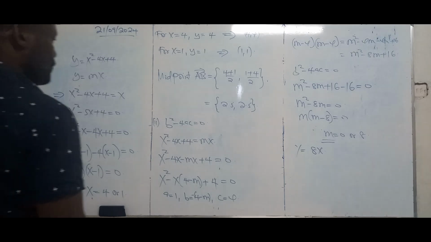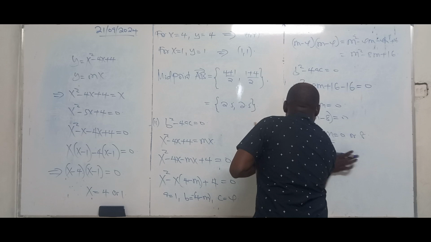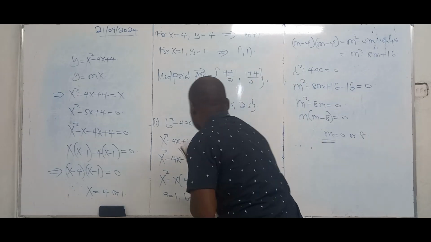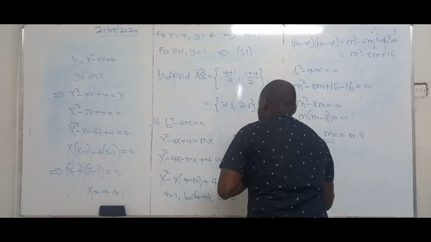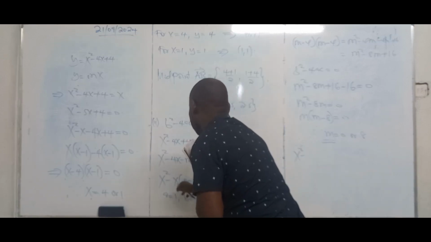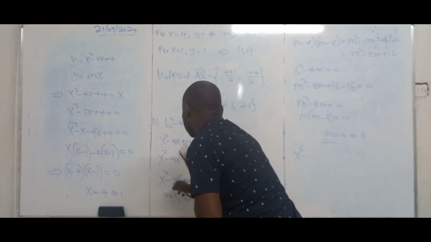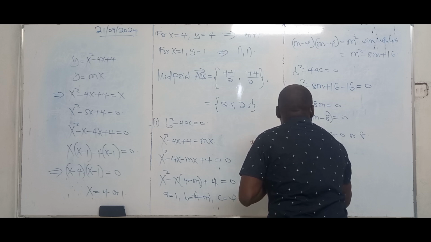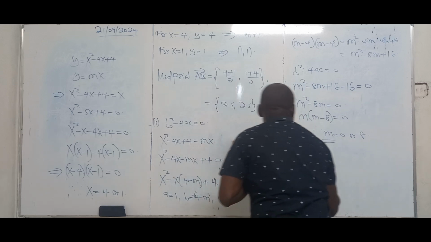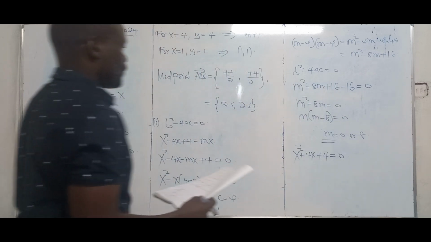If we do that, then that will be 4 minus 8, which gives me x squared minus, because it's minus 4, so minus x times minus, so plus 4x plus 4 is equal to 0.